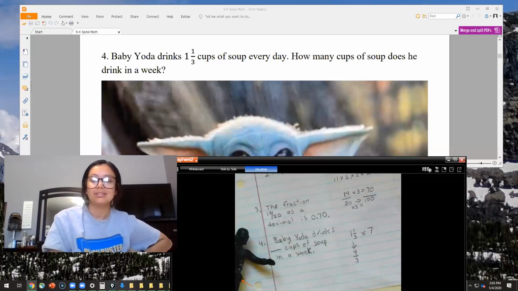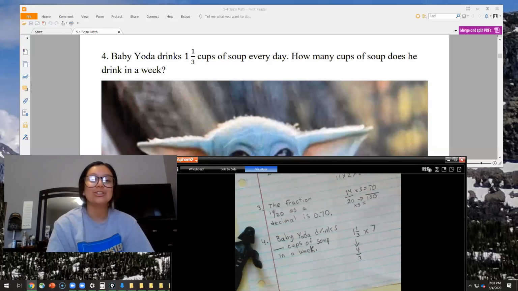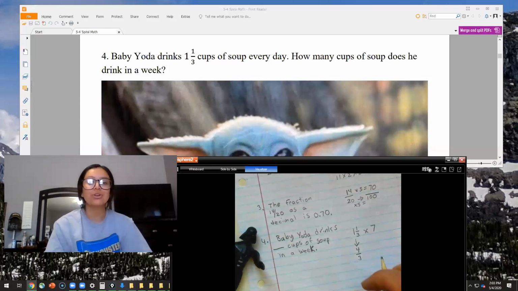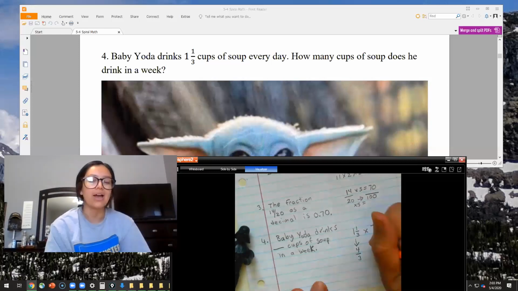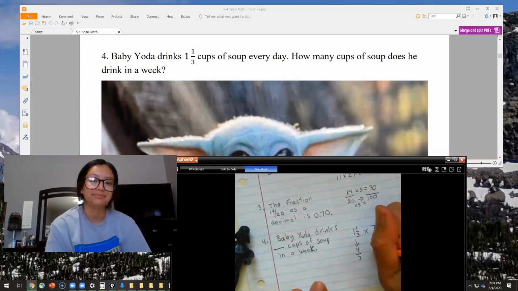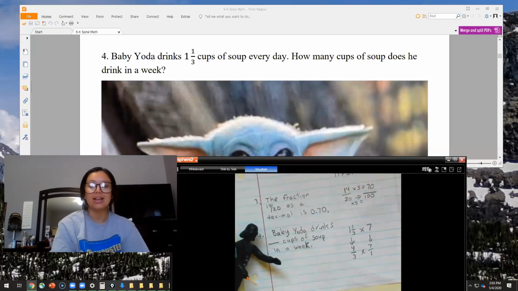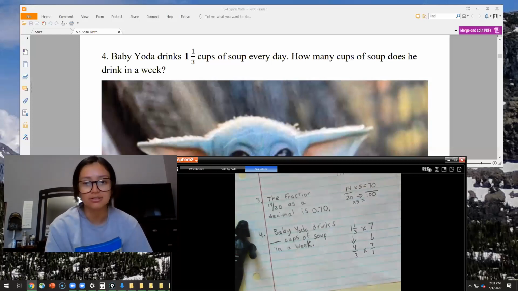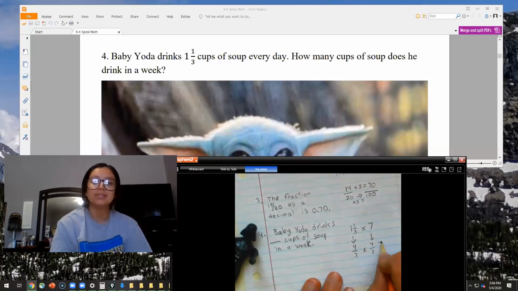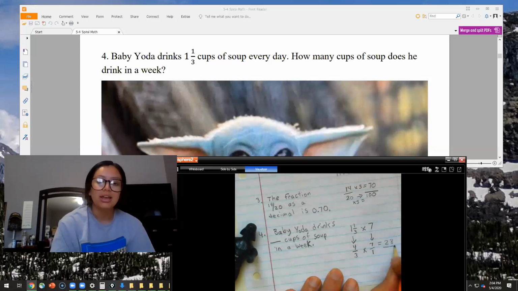Good work. And we want to put our 7 over a 1 just so that it is also a fraction. Yep, just like so. And then we go ahead and multiply across. So 4 times 7 gives you 28, and 3 times 1 gives you 3.